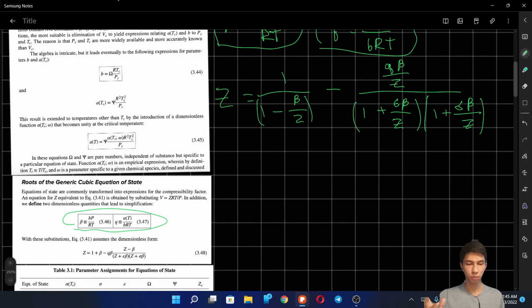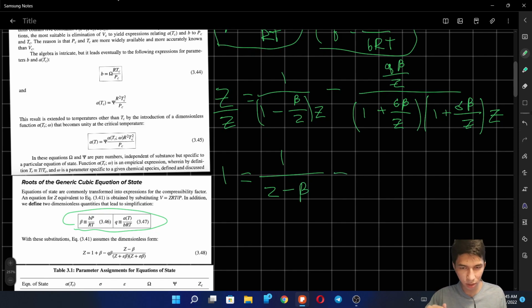So now let's divide everything by z. So if we divide it by z, divided by z, and divided by z, and let's divide this term by z twice, because we have two z's inside of the brackets. So we'll have, okay, this would be 1 equals 1 over z minus beta, right?